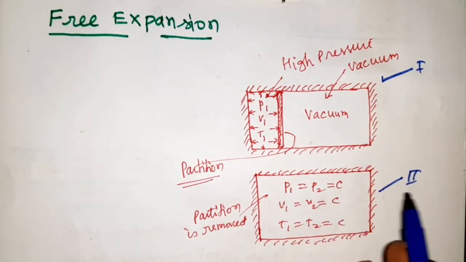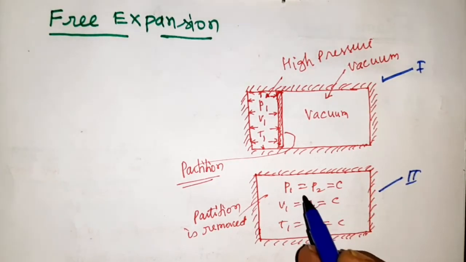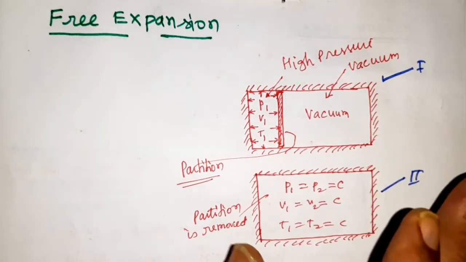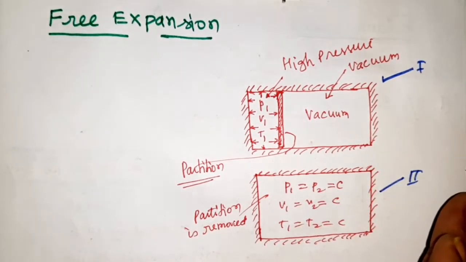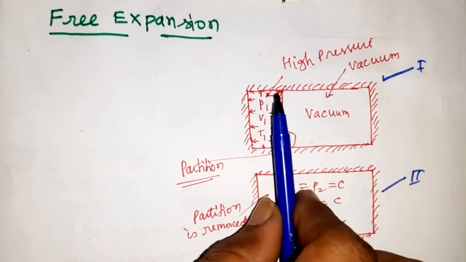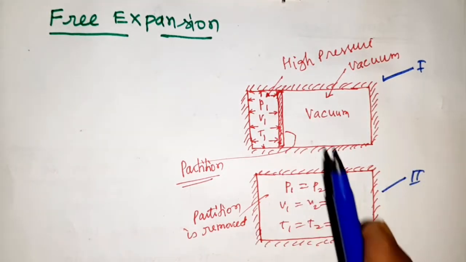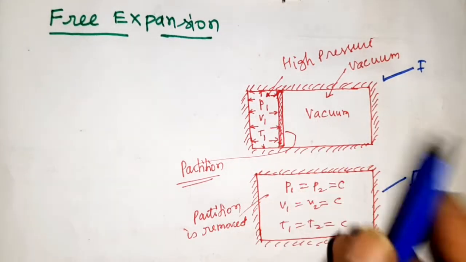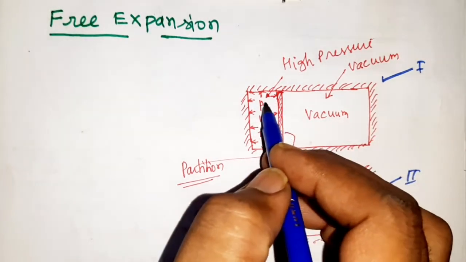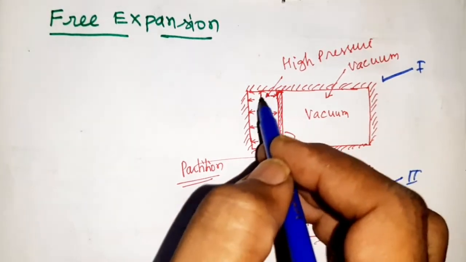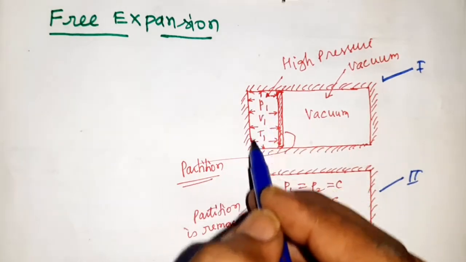When we remove this partition, in this second figure you can see the pressure P1 is equal to P2, equal to constant. After removing the partition, this is the expansion of the volume.